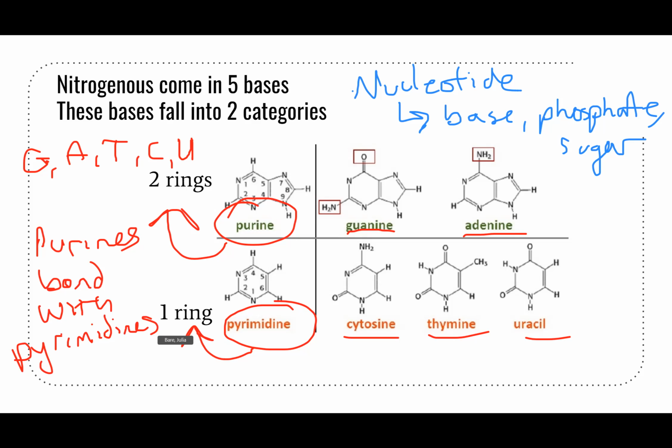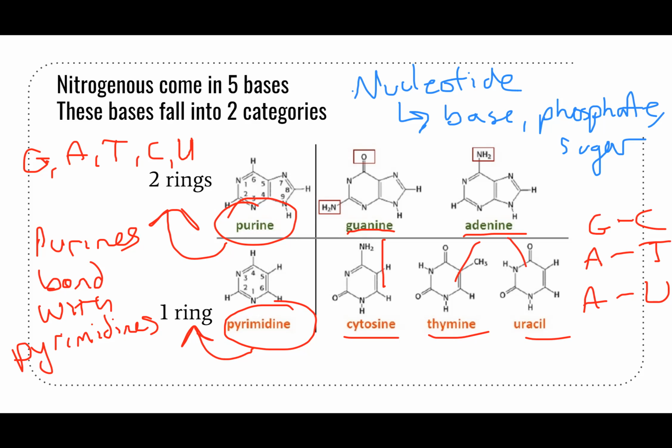So that means guanine is going to bond to cytosine. Adenine is going to bond to thymine. And adenine is also going to bond to uracil.